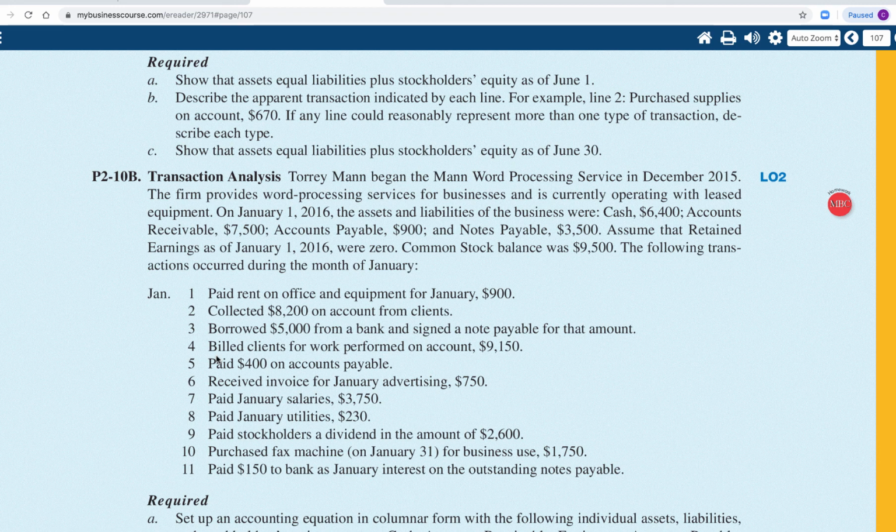Client says, I can't pay you right now. I can pay you later down the road. Okay, not a problem. We have a right to receive cash or money. That is an asset to us. That is accounts receivable. Okay? So my two accounts are accounts receivable and revenue.